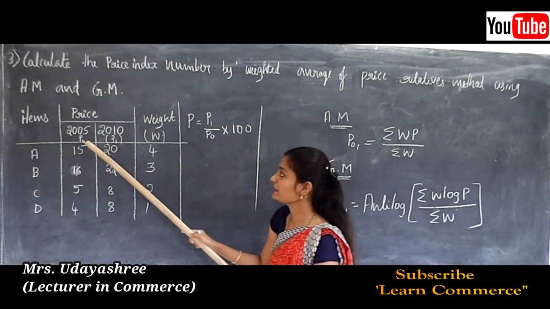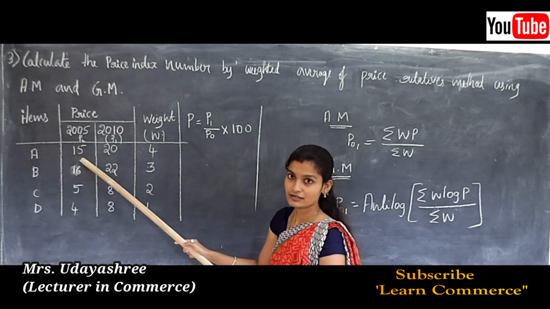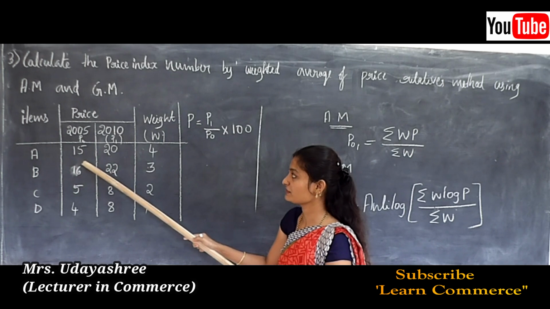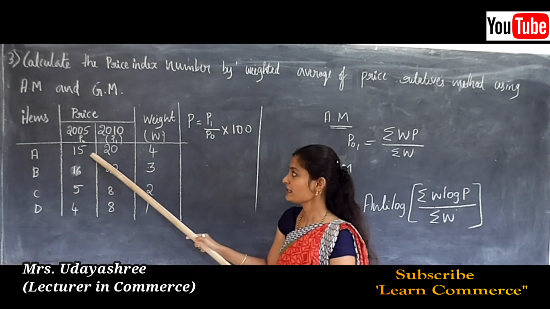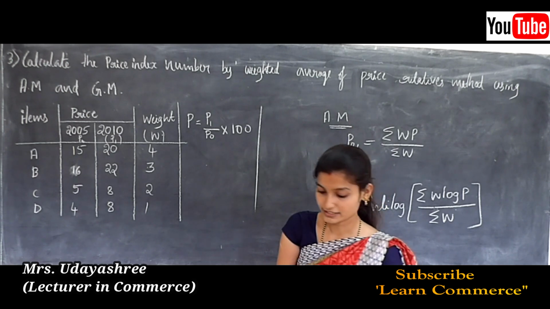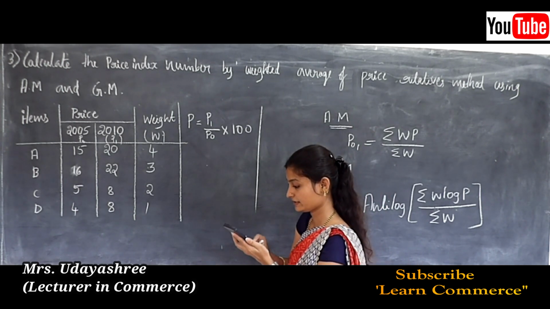See here the P1 is 20 and P0 is 15. So 20 divided by 15 into 100.